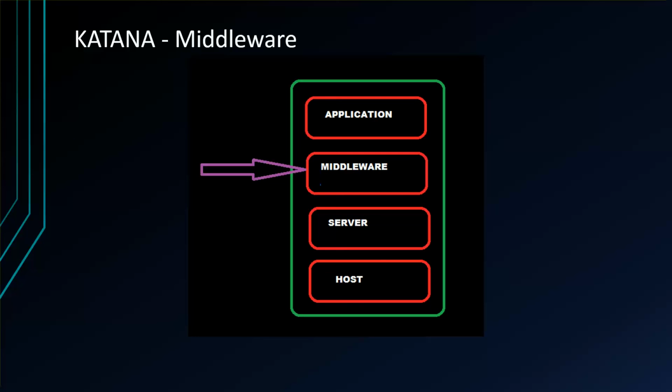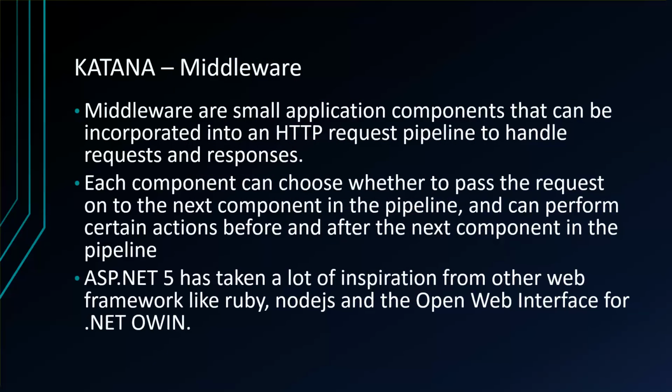The next major layer or component of Katana is the middleware. This is where there is a major change in the architecture. Middlewares are small application components that can be incorporated into the HTTP request pipeline to handle requests and responses.